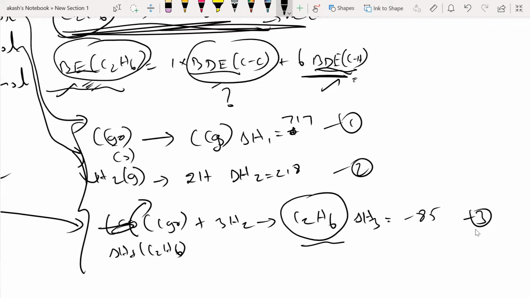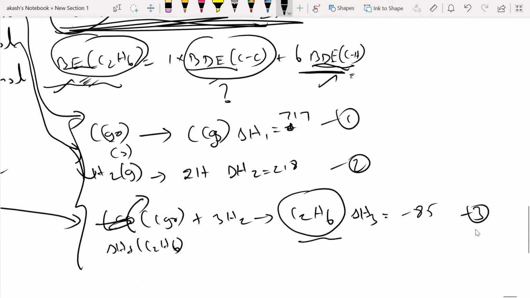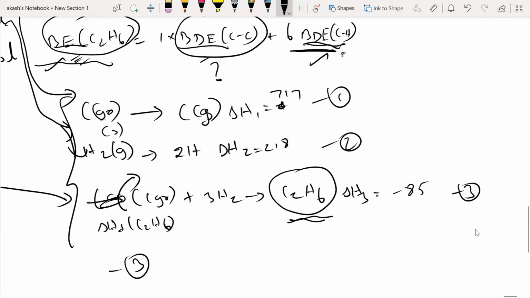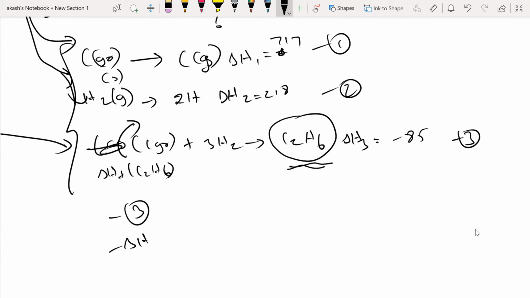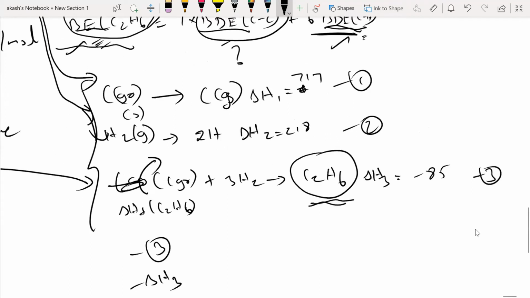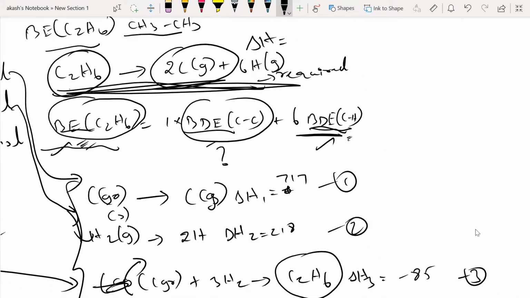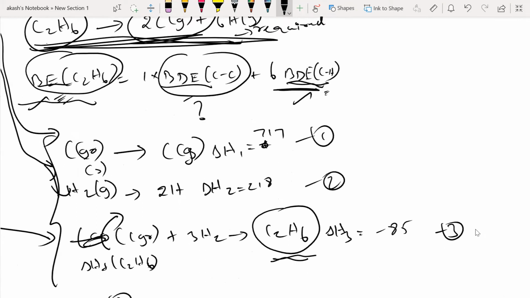We require C2H6 on the reactant side, but in the given equation C2H6 is on the product side, so we will reverse it. We have to write minus 3, that means we take minus delta H3, whatever the value, minus of that. Next, we require 2 carbon atoms in gaseous phase on the product side. So where is carbon atom in gaseous phase?